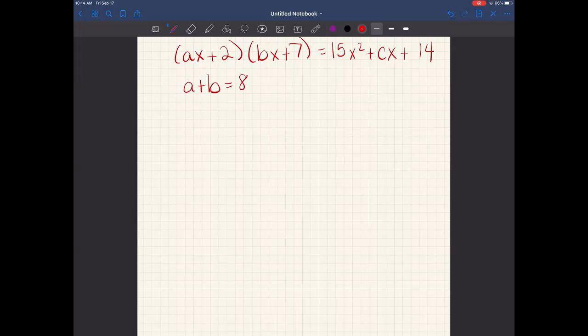This is an interesting problem, right? So the first thing we want to look at is what? We know that a plus b is going to equal 8. Okay, but that doesn't really help me right now. So I kind of want to put a pin on that one, and we're going to come back to it.